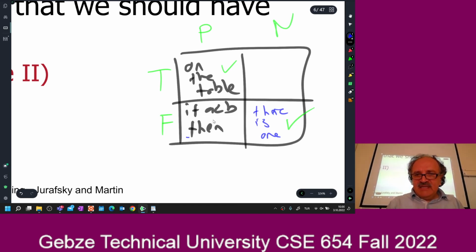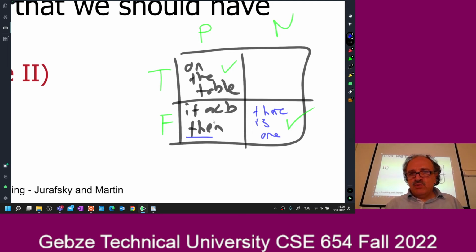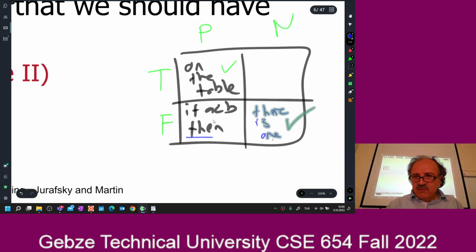I don't like this "the" to be found, and there will be a true negative. Okay, this is a false negative, and this is not correct.